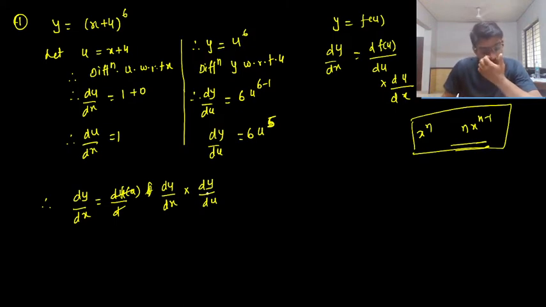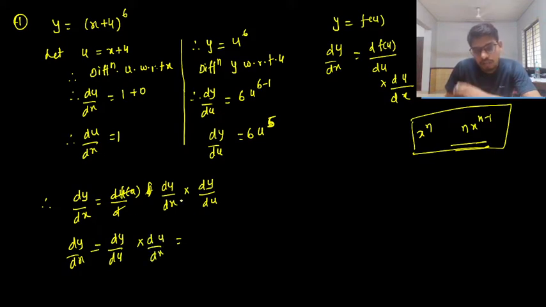In the original format, dy upon dx is dy upon du into du upon dx. This is one and the same thing, I have just changed the places of them, because this is its standard form.